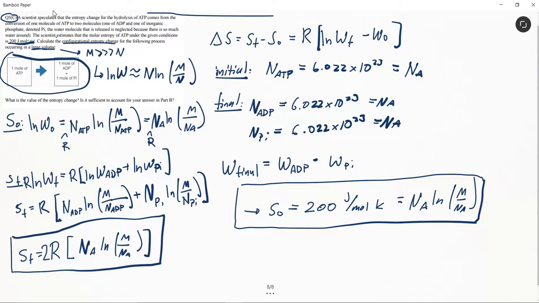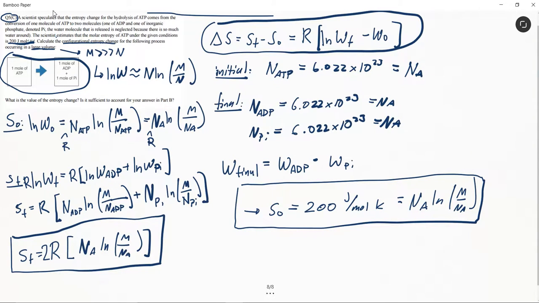So let's plug this back into our original change in entropy formula. Delta S is equal to final, so that's 2R Na ln(M over Na), minus initial, which is R Na ln(M over Na).